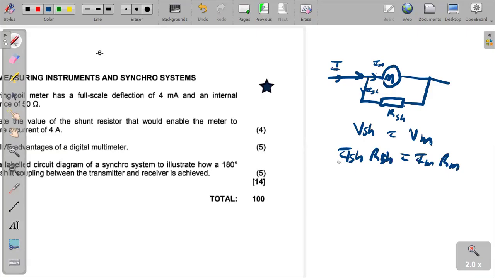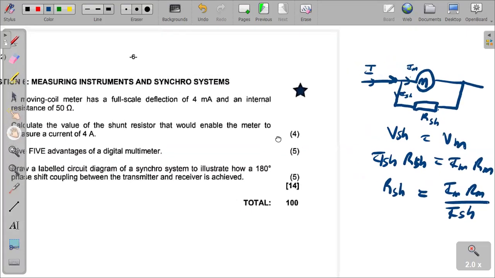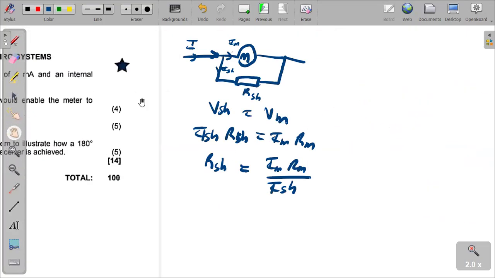Right? So if we make R shunt the subject, R shunt is equal to IM RM over I shunt. But do we have I shunt? No, we do not have it. What we've been given, the full scale deflection, 4 milliamperes, is what the meter has to measure. How are we going to calculate I shunt? We use this junction here. This is the junction that we use.